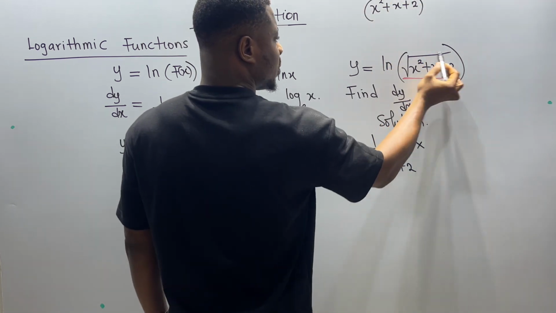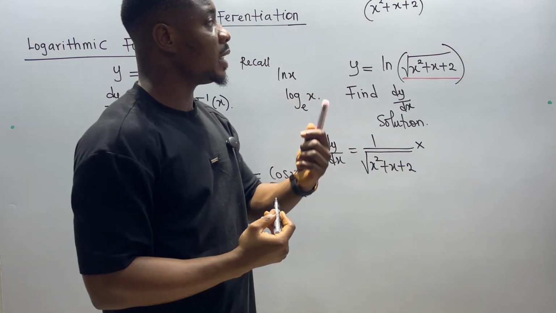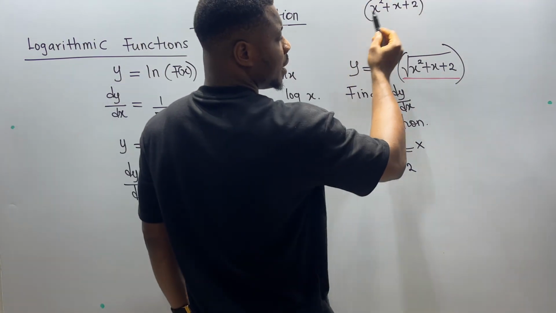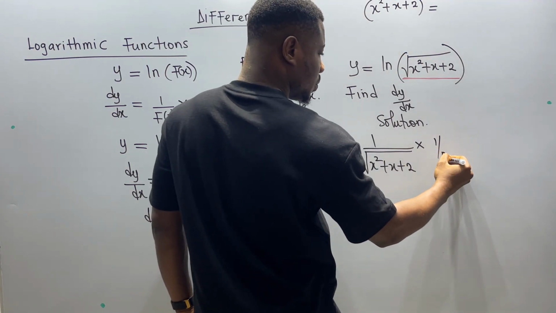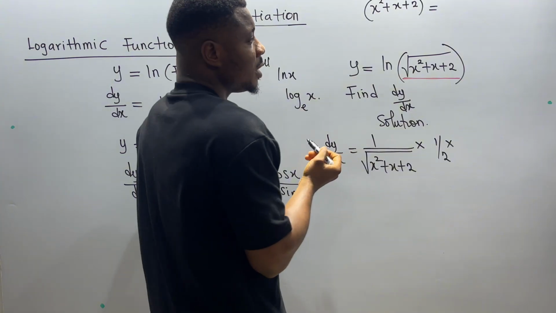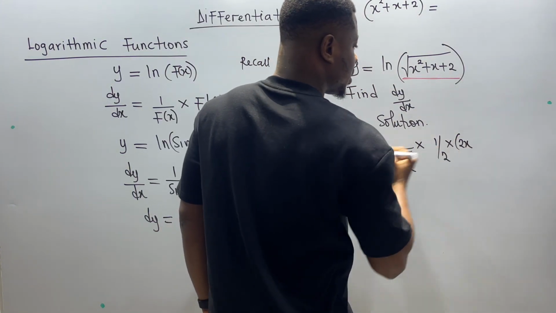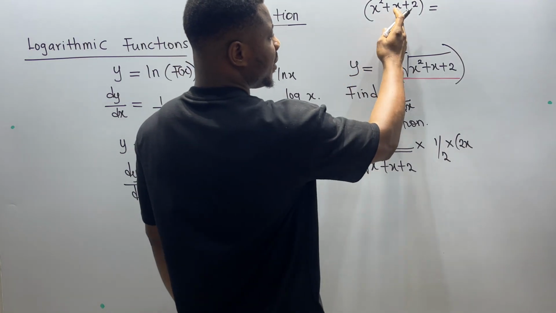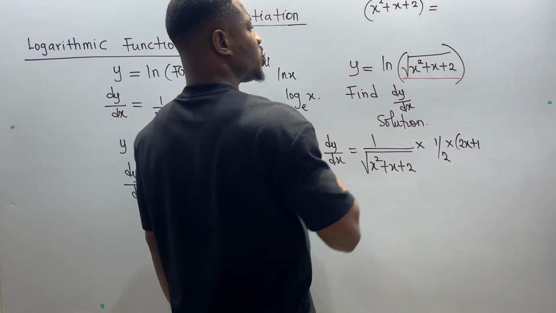How do I differentiate this? Remember the technique: we bring down the power, 1 over 2, multiplied by the derivative of what is inside. The derivative of x squared is 2x, the derivative of x is 1, and the derivative of 2 is 0.